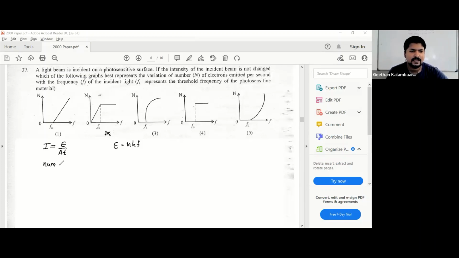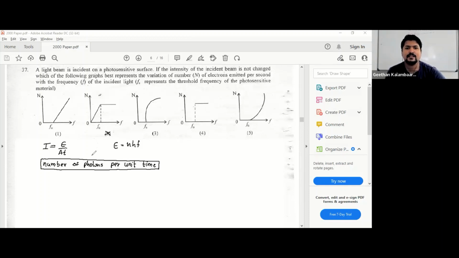So we can write that number of photons per unit time, that is constant.